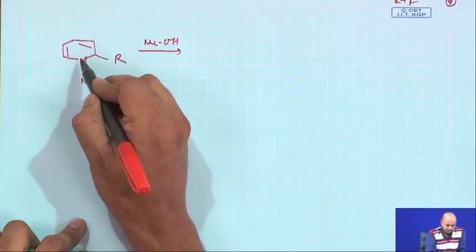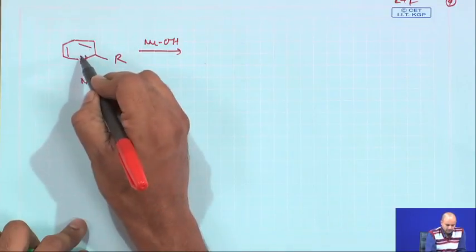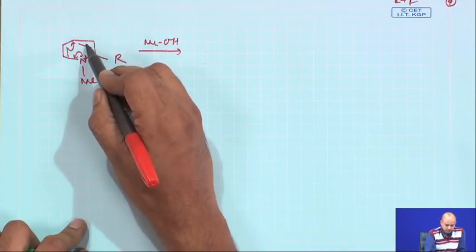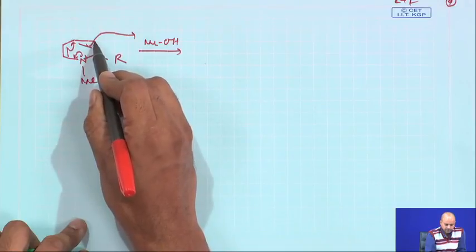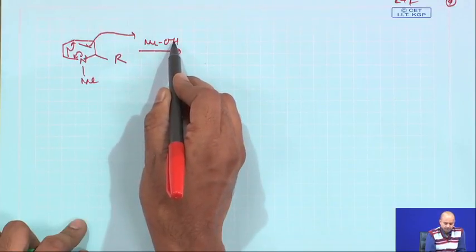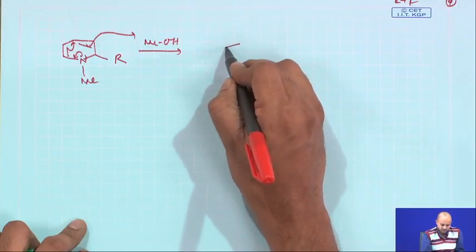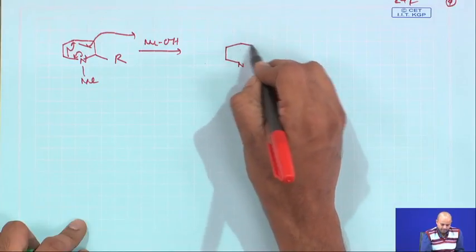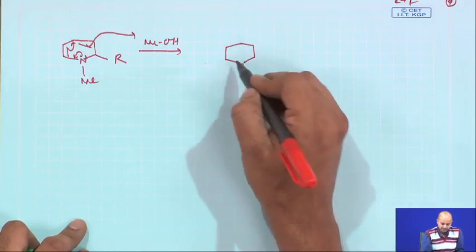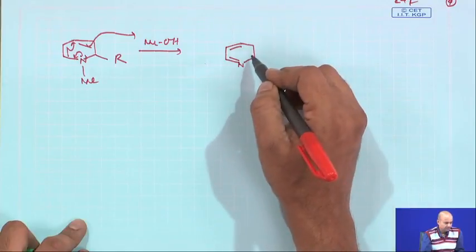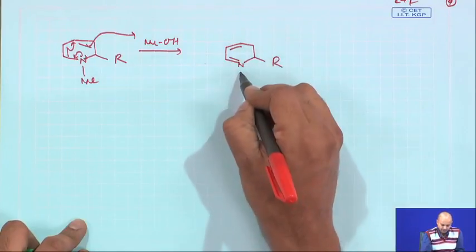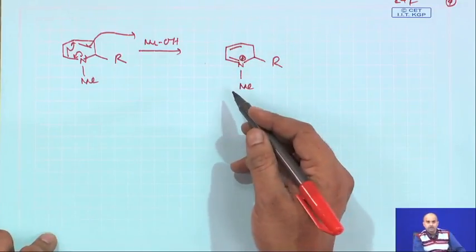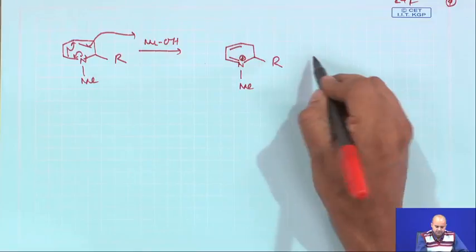So, now what happens is this nitrogen lone pair will give this kind of resonance, and this minus will now abstract the proton from methanol. So, nitrogen will again become quaternary, and this time it will become an iminium species again. By virtue of this reactivity, we know that iminium species are electrophilic in nature.